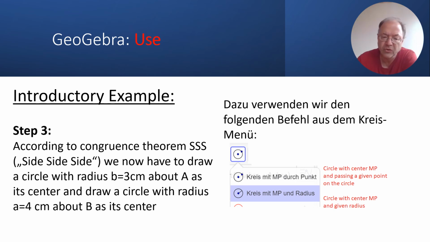I can easily do that here in GeoGebra. It gives a Kreis mit MP und Radius. So it is giving a circle with a certain center point, MP being the German abbreviation for Mittelpunkt, that is center point, and a given radius, in that case, because we know the radius already. Therefore, we need this command.